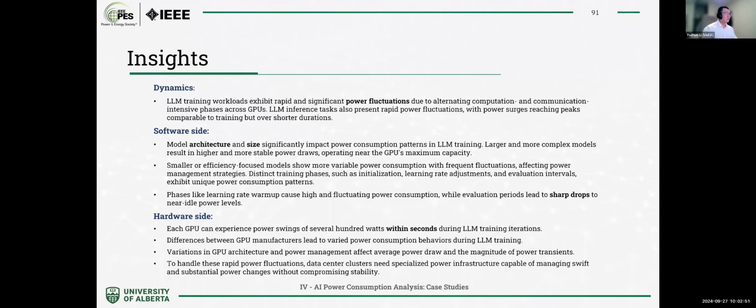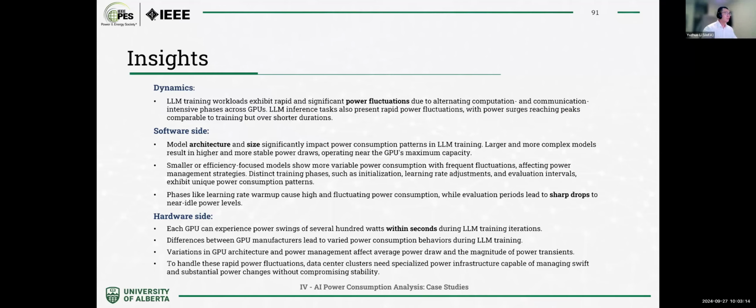From the hardware side, what we can observe is that each GPU can experience a power swing from peak to idle within a second or even sub-second during the training stage, and during the fine-tuning and inference stages as well.